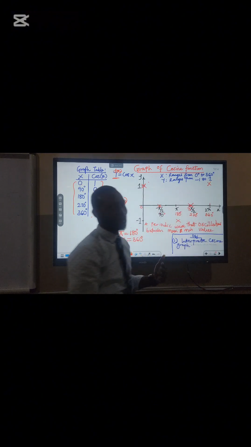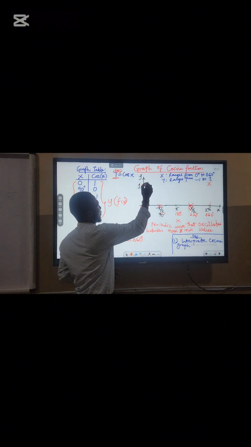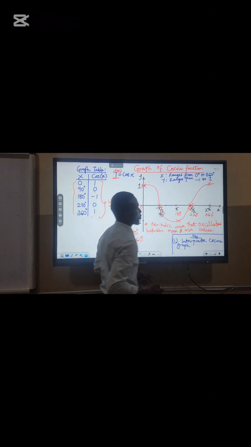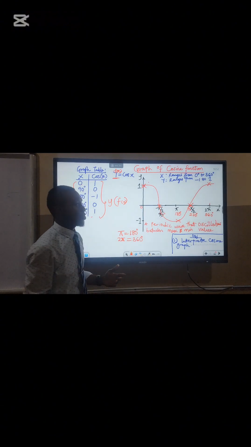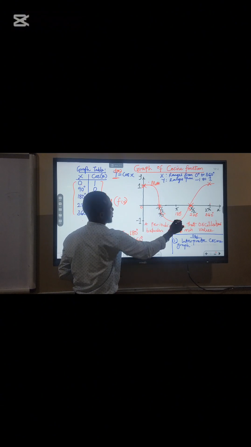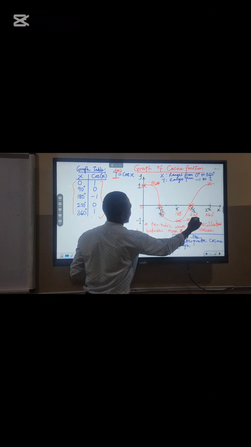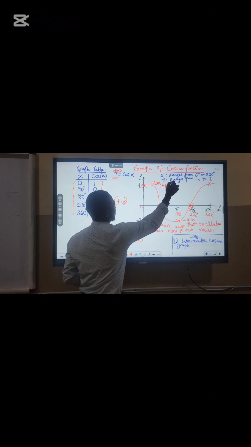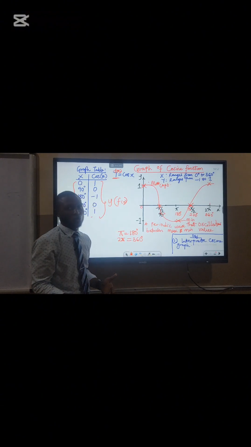So now, how do we join them together? Now we have it like this. So this is what we have. What does this explain? At this peak here, this is the maximum, while this here is the minimum. So over here we have the amplitude, and here we have the minimum.